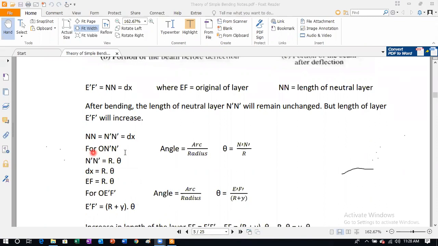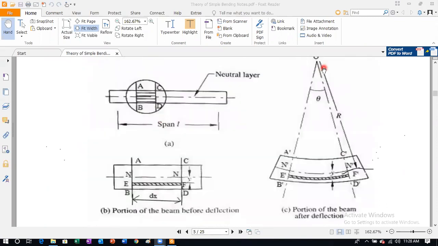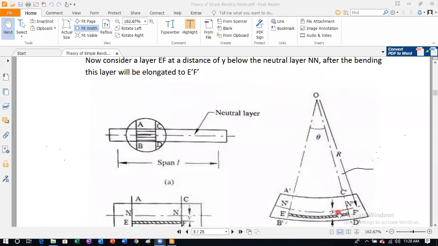Consider the arc O N dash. Let me draw this.